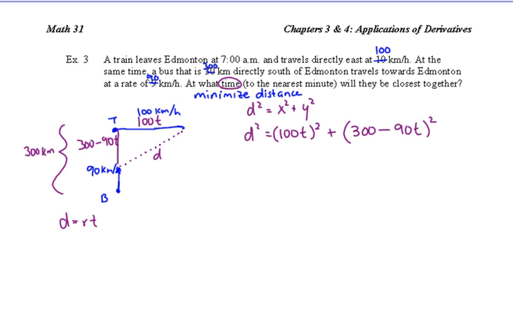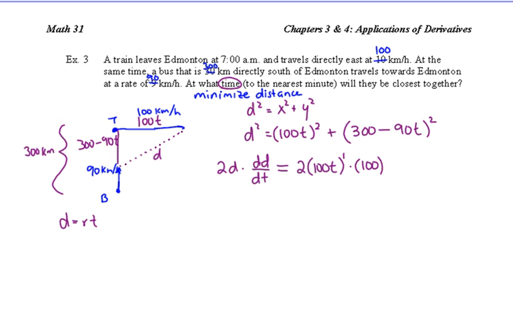Derivative of d squared: 2d times dd over dt, and that's what we're trying to minimize, equals 2, keep the inside the same, so it's power of 1, times the derivative of the inside, which is 100.